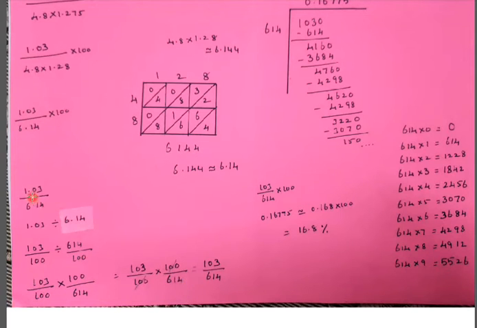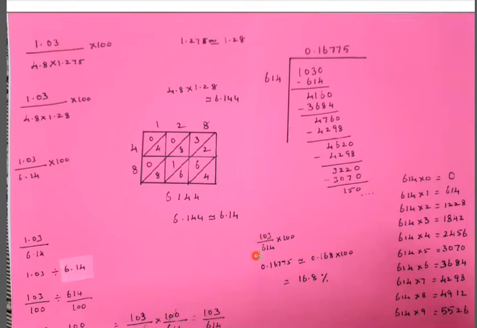Otherwise, just remove the decimals, because here 2 decimals and here 2 decimals, and write whole numbers, 103 by 614. I showed you this so you understand that if there are 3 or 4 decimals, that many zeros are to be added to make it a whole number. So 103 divided by 614.